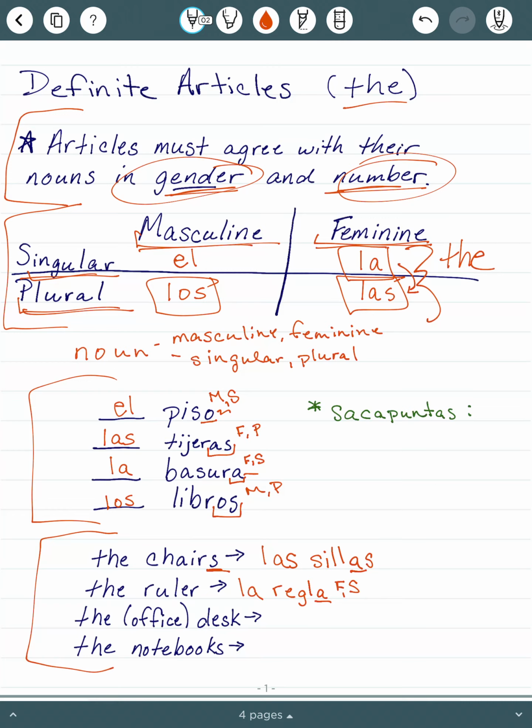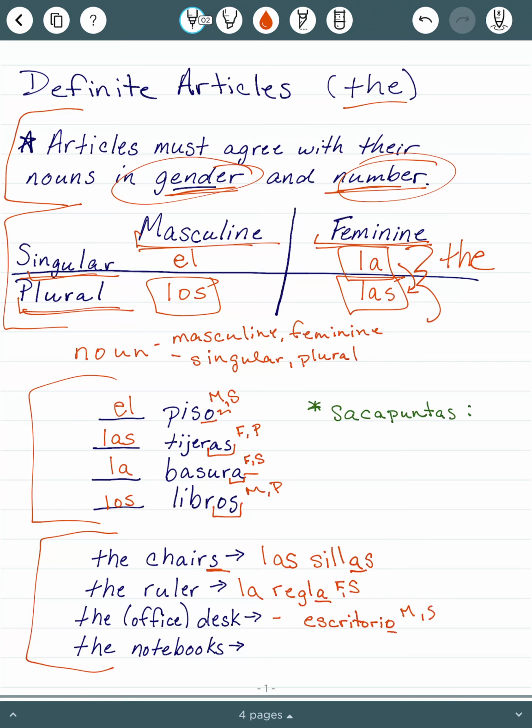The office desk. You have 2 kinds of desks on your vocab list. You have pupitre. That's more of a student desk like what you have at school. Escritorio is more of an office desk. So we're going to go with escritorio here. It's just the one, so we don't need to make it plural. It ends in an O, so it's masculine. It's also singular.